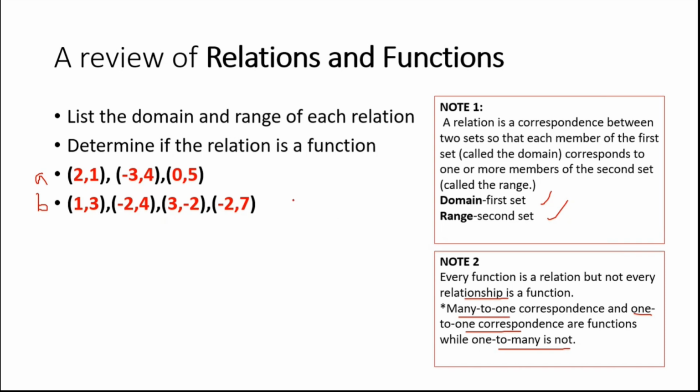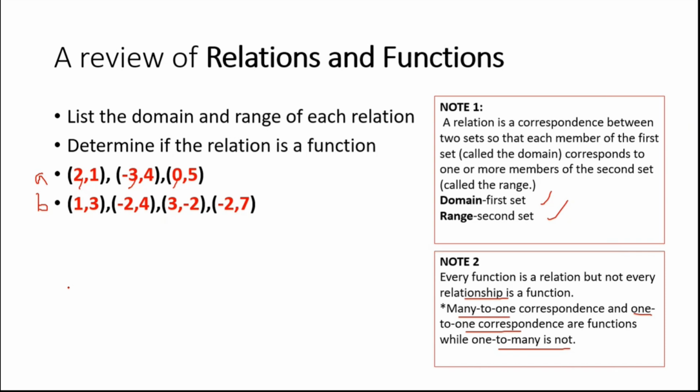So let's analyze the example. Let's have letter A. Let's have a mapping representation of this. What is the domain of these relations? We have 2, negative 3, and 0. Of course, we have to arrange that in order when we are talking about the mapping.